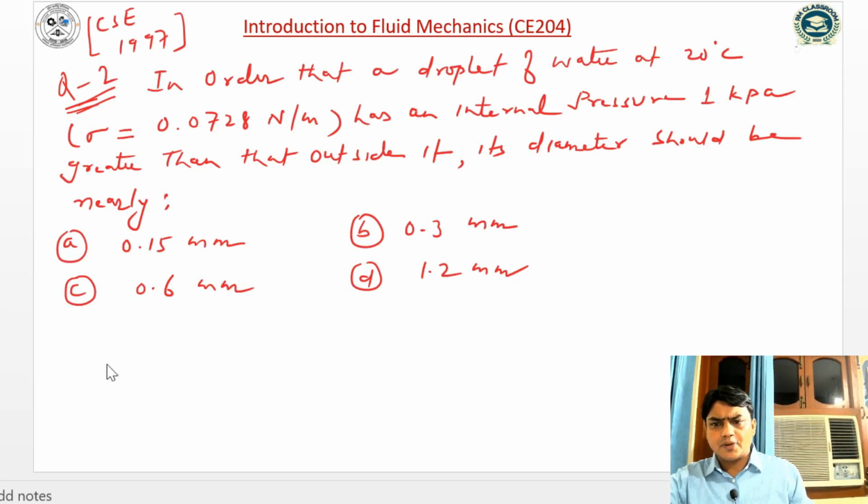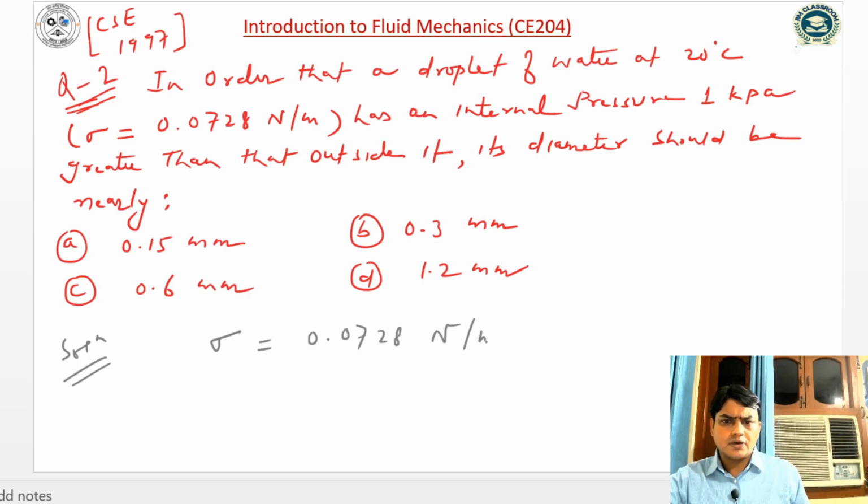Let us take another problem. In order that a droplet of water at 20 degrees centigrade, surface tension given 0.0728 Newton per meter, has an internal pressure 1 kilopascal greater than the outside pressure, its diameter should be nearly.